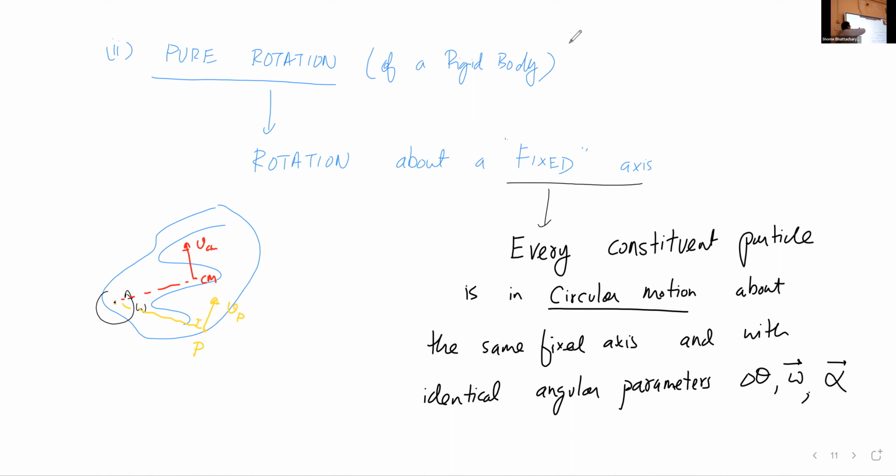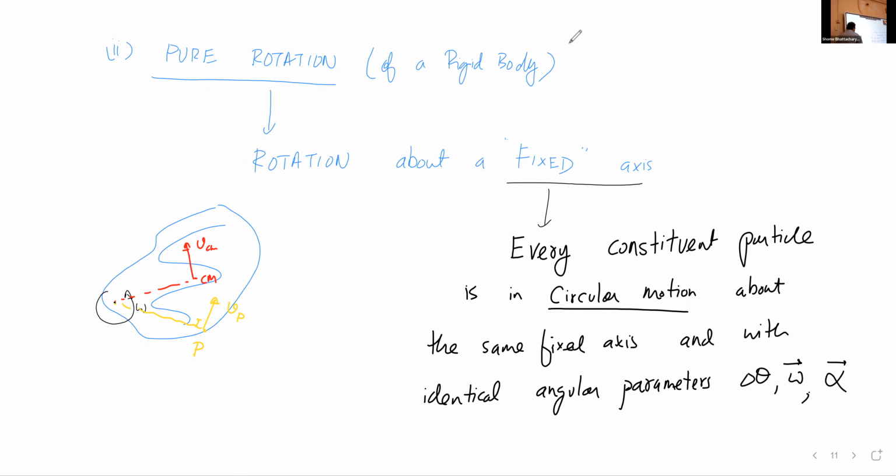After some time, if this is rotated by 30 degrees, the center of mass has also covered an angular displacement of 30 degrees, and P has also covered an angular displacement of 30 degrees. Whatever is the omega in radians per second, they have a common value of omega. If they have alpha, then they have a common value of alpha. The magnitude is the same, but the direction is not the same. In general, different particles have different values of velocity.